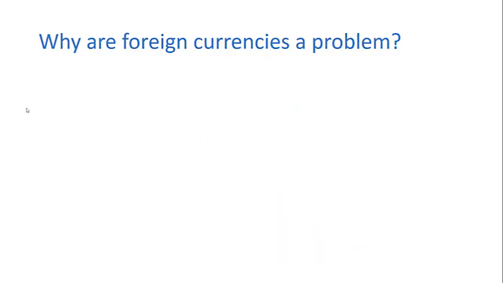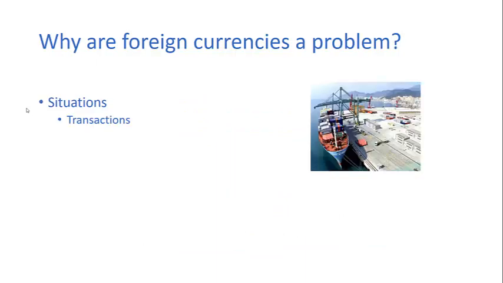And so we can see that the problem arises with foreign currencies due to the diversity of the situations in which exposures to foreign currency arise. Maybe there are transactions and we have to record those transactions. Sometimes those transactions are ongoing or concluded, and sometimes they're open and sometimes they're hedged. All of this contributes to complexity in terms of accounting for foreign currencies.